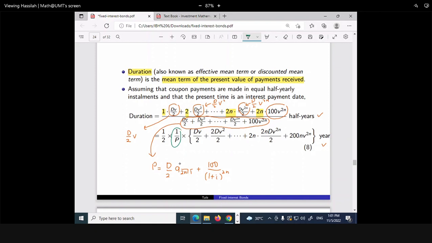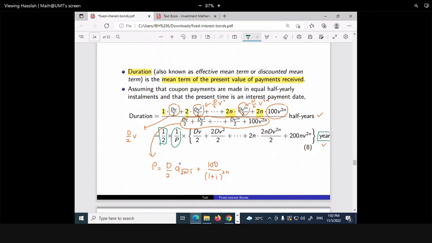Jadi yang atas ni darab dengan 1 per P. Sebab ni kan P. Lepas tu kita kena darab dengan setengah dan duration ini menjadi untuk tahun.